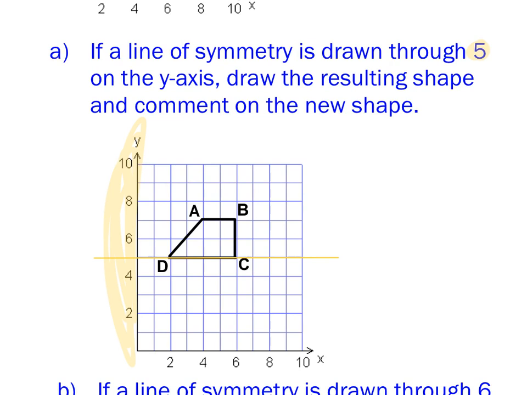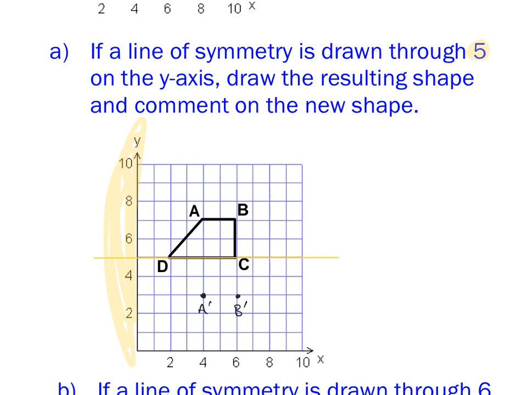And what do we get? So the new A is going to live right here. I'm going to call that A prime because it's not the original A. The new B is going to live right here. I'm going to call that B prime. The new C, because C lives on that line of reflection, doesn't move.